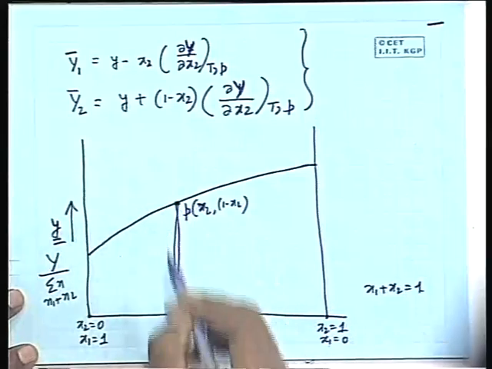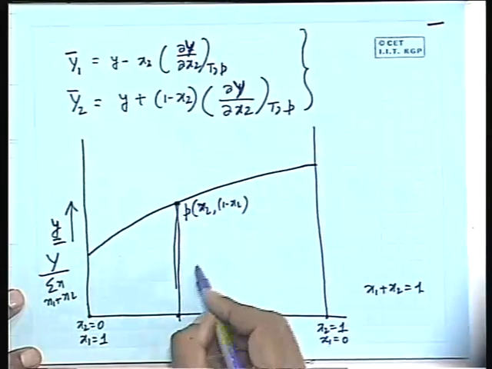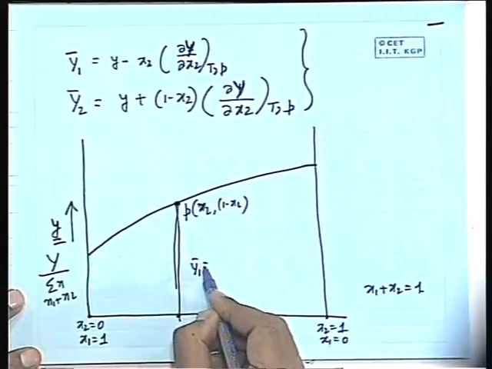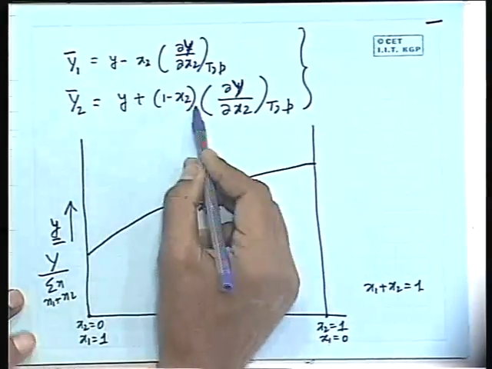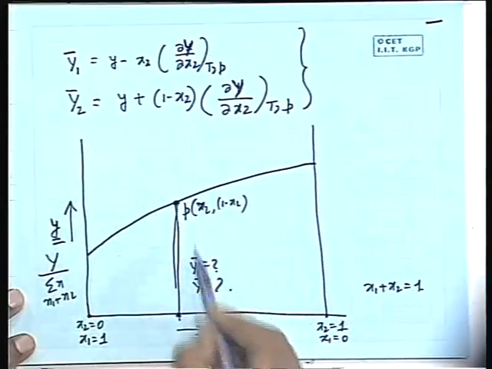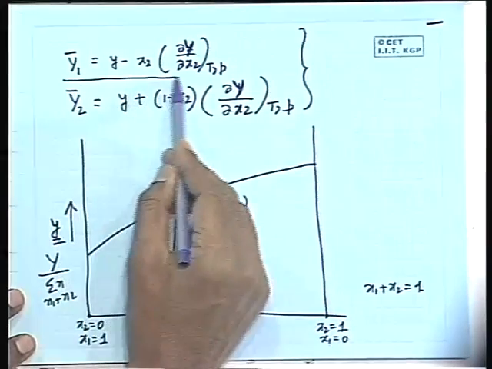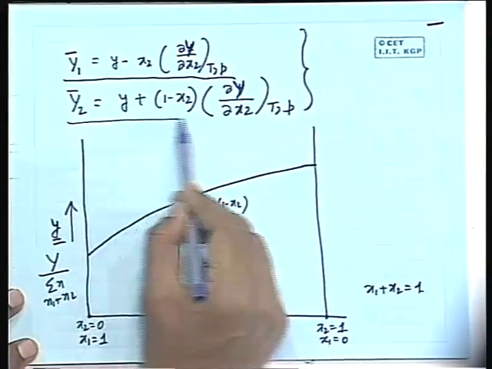At this point, if I want to know the values of y1 bar and y2 bar, they will follow this equation for a given value of x2.